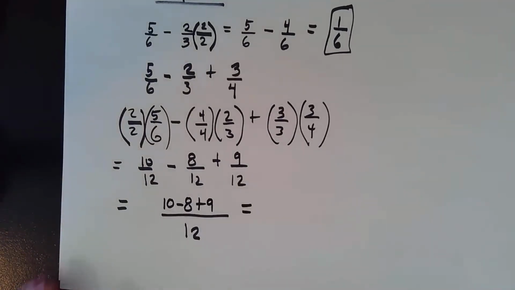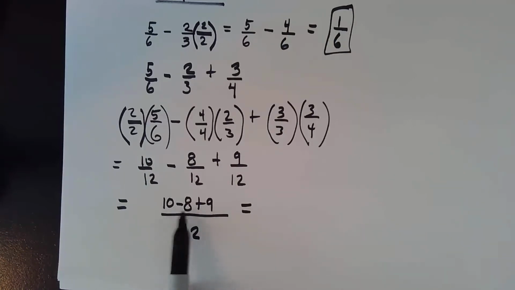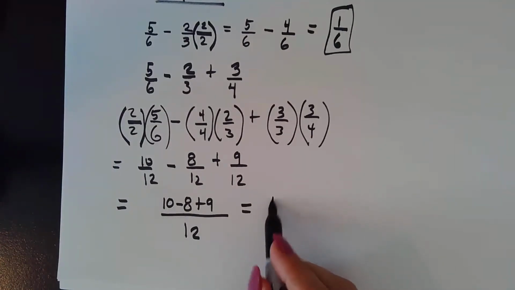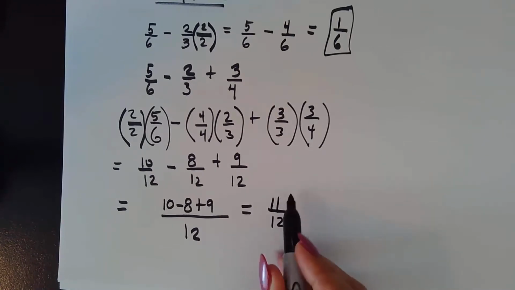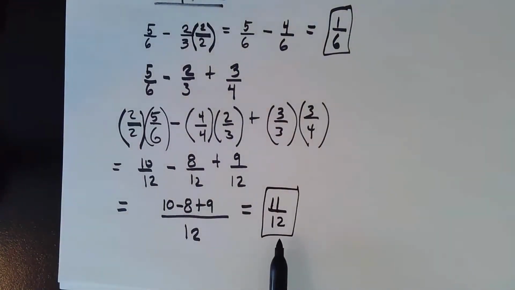10 minus 8. Remember, you do this from left to right, because for addition and subtraction, the order depends on which one shows up first from left to right. So 10 minus 8 is 2, plus 9 is 11, so this gives us 11 over 12. Now you always want to check to see if you can reduce, but this one you cannot reduce.